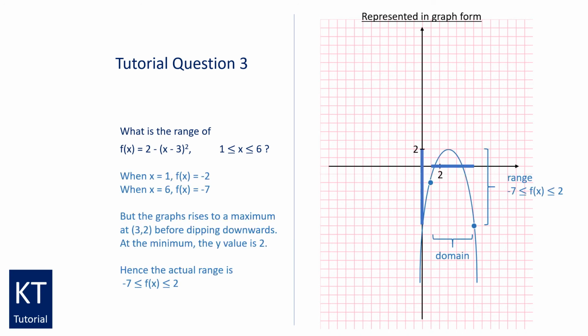Having determined that when x equals 1, f(x) is equal to minus 2, and when x equals 6, f(x) is equal to minus 7, and knowing that the graph rises to a maximum y value of 2 before dipping downwards, the actual range for f(x) is larger than or equal to minus 7 and smaller than or equal to 2.